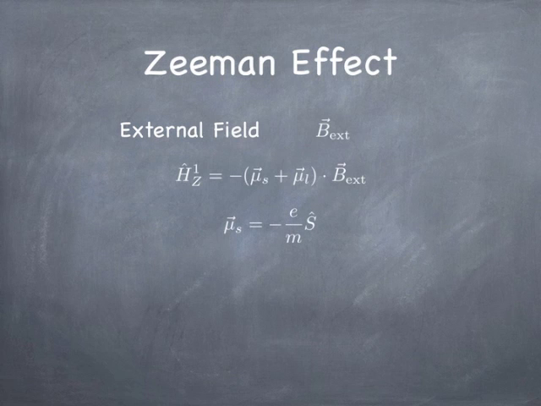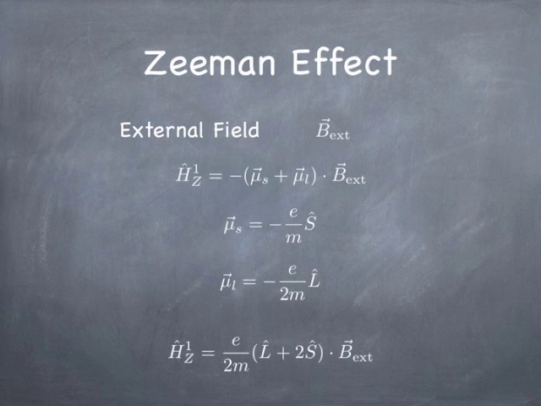Now here's the thing. The spin magnetic moment is e over m times the spin of the electron. The orbital angular momentum magnetic moment is half of e over m times the orbital angular momentum. So what that means is when you put in all that stuff and you calculate the perturbation, you get L plus twice S. Now here's the thing.